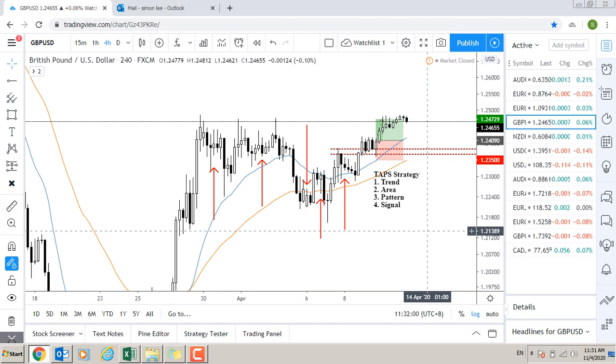Okay, false break is one of the most dangerous things that we encounter in our trading. Sometimes you will see a lot of difficulties, and sometimes a lot easier, when applying certain strategies.